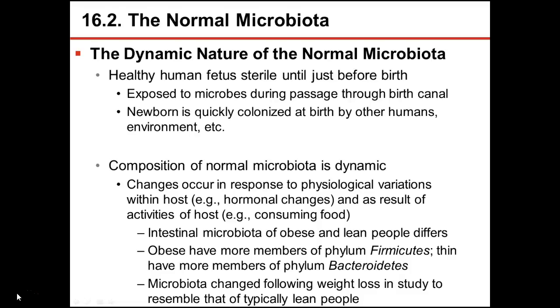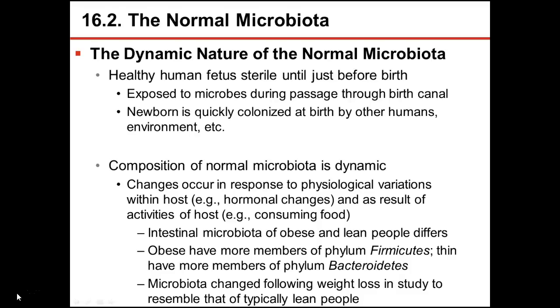So this is dynamic, as we already talked about. These changes in your normal microbiota can happen whether you travel or as you age. Hormonal changes, especially in females as they go through menstruation every month, the hormones are changing, and so this can cause different normal microbiota to either be killed or to increase their level of growth.